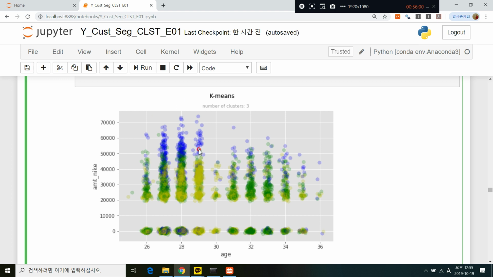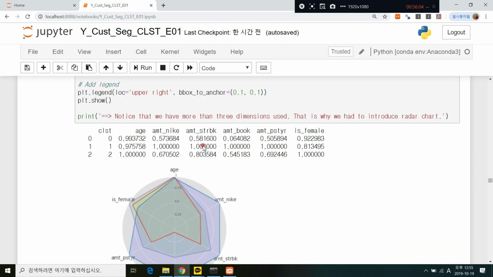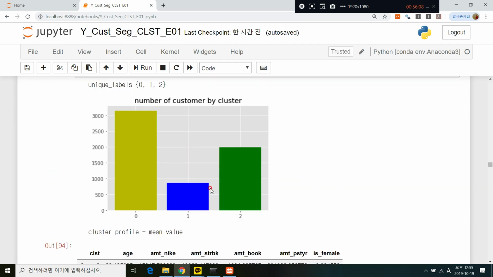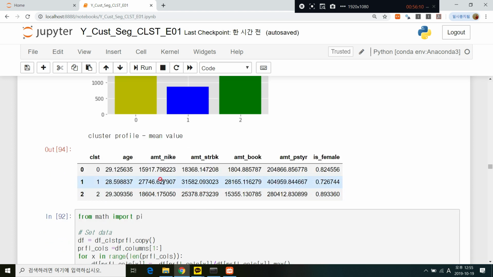The blue group is a relatively small number, but they're actually pretty important. They spend a lot in total, and they spend a lot in Starbucks.